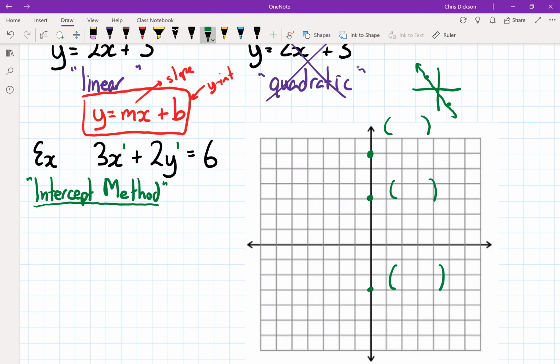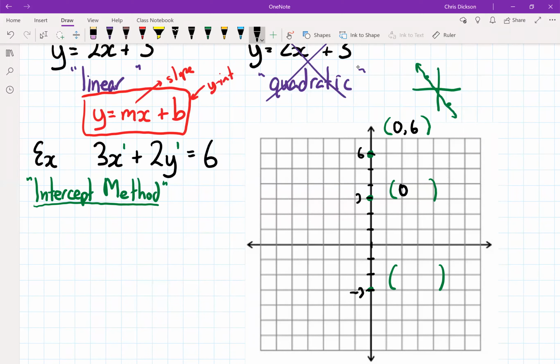Okay. Well, if I scale my axis here, that's a 1, 2, 3, 4, 5, 6. And this would be -1, -2, -3. Right? And my x-axis here, that would be a 0 there. So this first point would be at (0, 6).